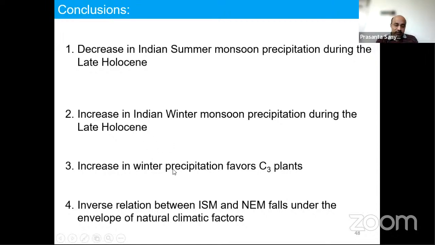In comparison with the precipitation timing, what we observed is that winter precipitation favored the growth of C3 plants, and this inverse relation between ISM and NEM probably falls under the envelope of natural climatic factors.